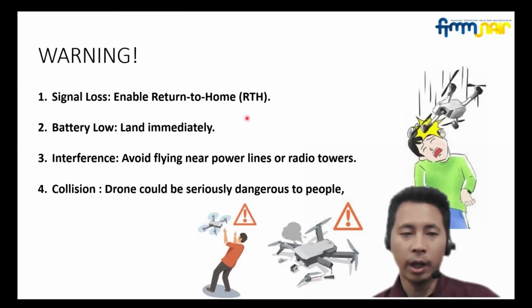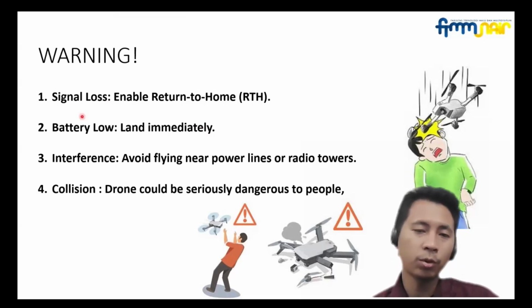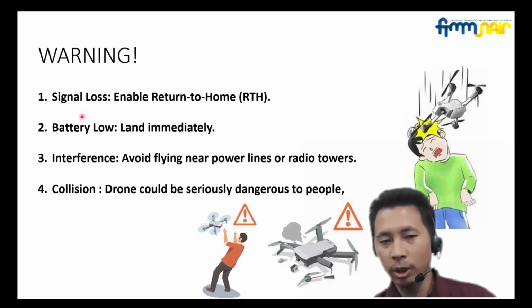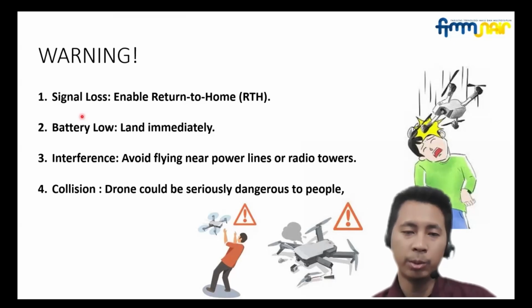And for battery low, you may already have set the percentage or the voltage. Just follow the rules, follow the warning. If you have a warning for battery low, just land immediately.